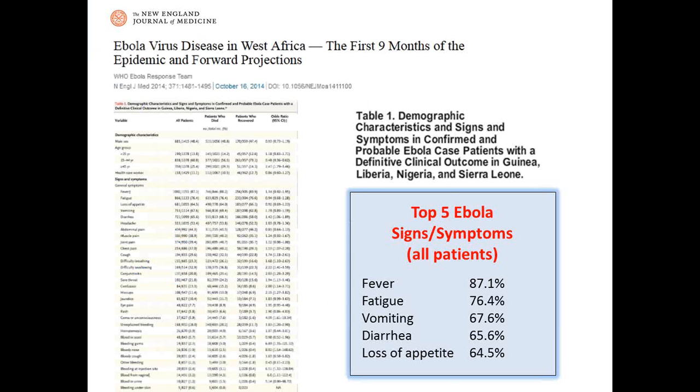One of the things to note here, despite this case definition requiring fever or else to be tested for Ebola virus and found positive, which would favor finding patients with fever, only 87.1% of cases reported a fever throughout the course of their illness. This is a point to make that we have to be very careful about absolutes, and I think there has been an effort by many to do a better job of that.